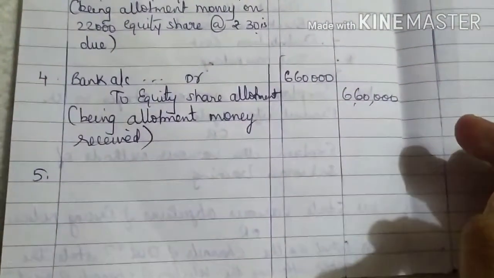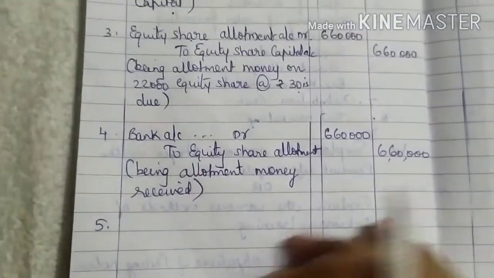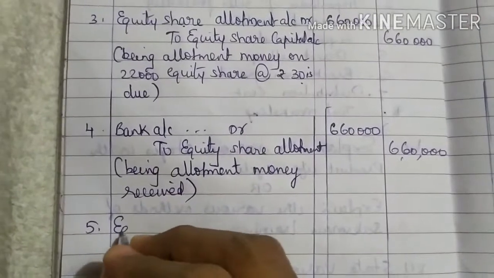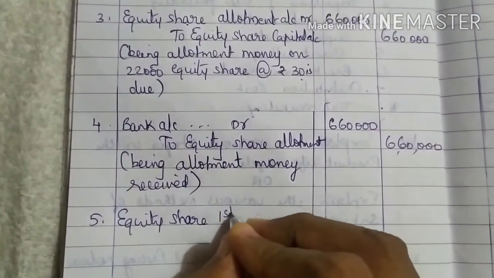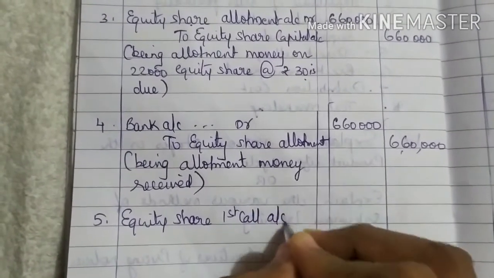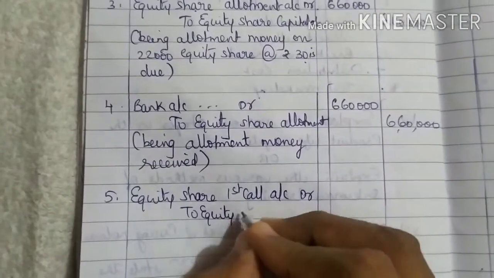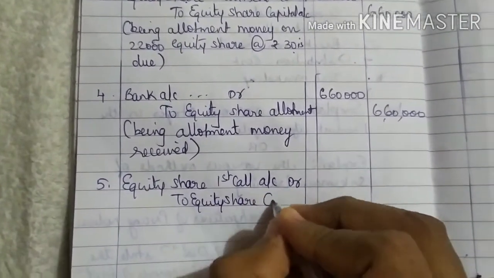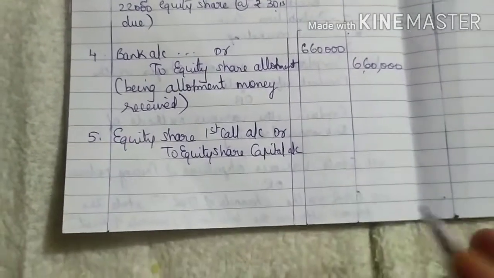Now in the same way we are going to announce the first call. The public should pay the first call amount. So the entry will be equity share first call account debit to equity share capital account, because whatever money you are demanding is a part of capital.